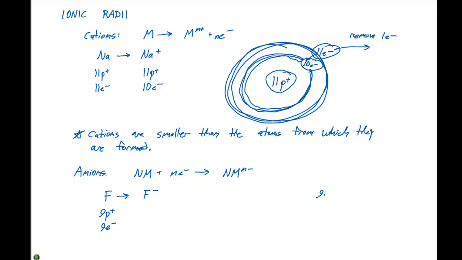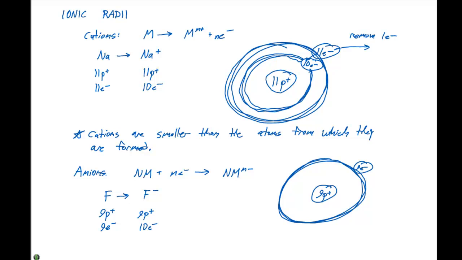So if we put these 9 protons in a nucleus and put our electrons surrounding that nucleus, we're going to have 9 electrons surrounding it. But when we go from fluorine to fluoride, we remain with 9 protons and we have an extra electron. When we add that electron, we now have 10 electrons surrounding the nucleus and there are 9 protons.